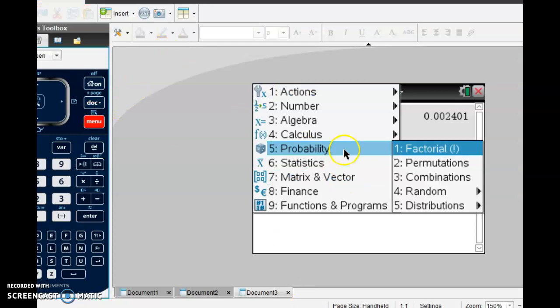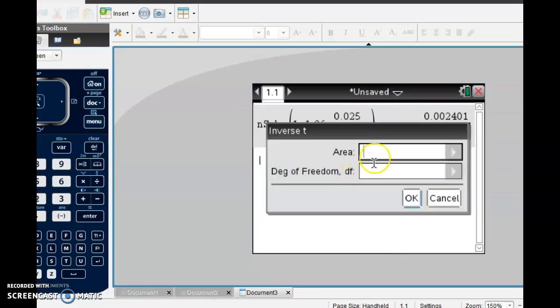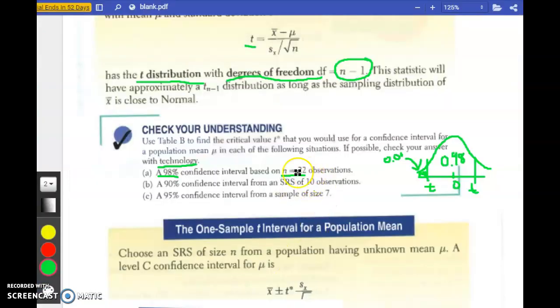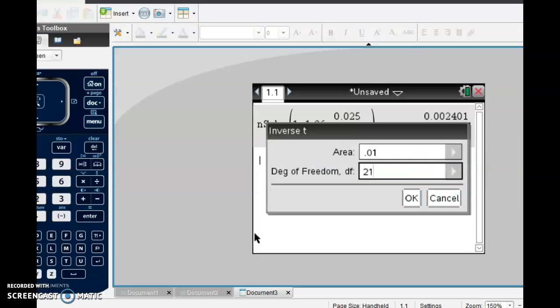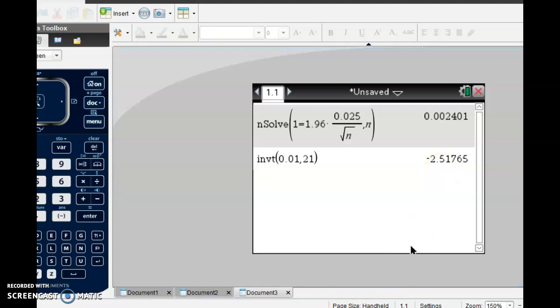So I go back to my calculator and do an inverse t. It asks for the area, and we say 0.01. Now the degrees of freedom, this is where you have to think. The sample size in that example was 22, but degrees of freedom are defined as n minus 1. So we're going to use degrees of freedom of 21. And there's my inverse t, or my t star, for a 98% confidence interval where your sample size is 22.